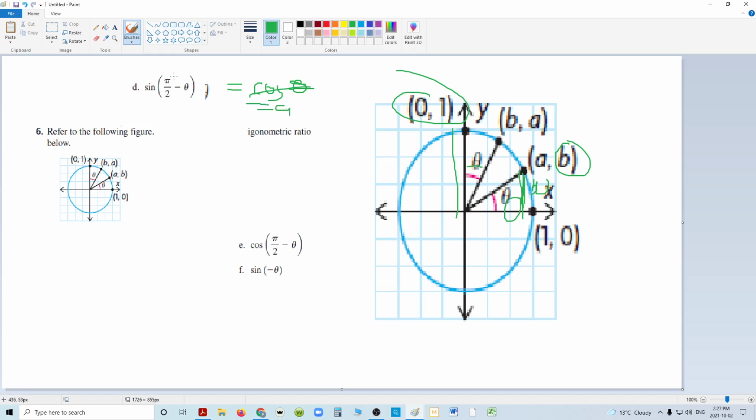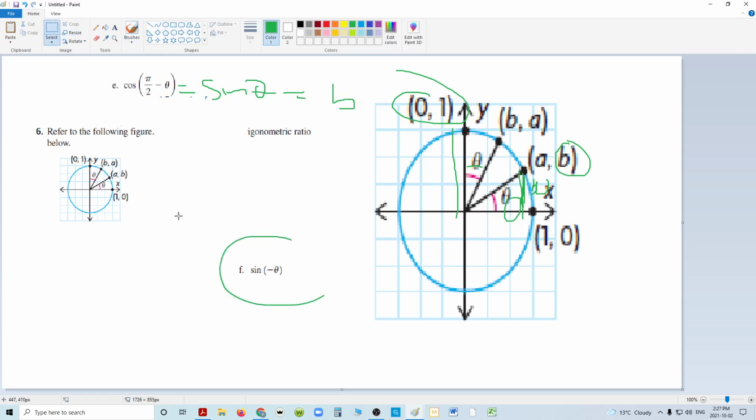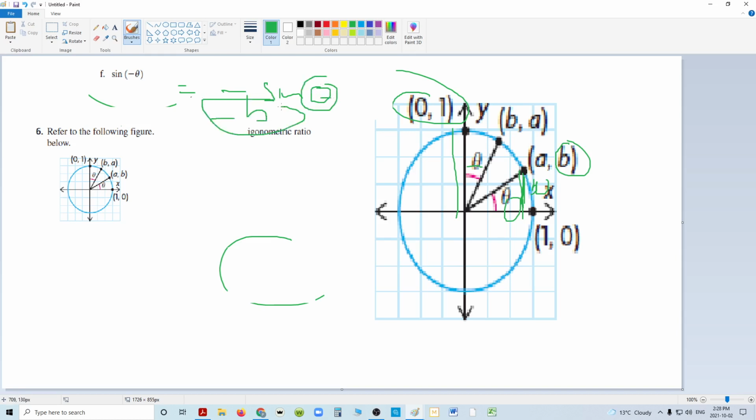So the sine of the complementary angle for theta here is the same as cos theta, which is a. Same with this one. This is an identity, and we know that this is the same as sine theta, which we know is b. And finally, what about the reverse angle? Well, we'll try to remember that our formula for that is the same as minus sine of theta. That's our identity. We know sine theta is b, so we're talking about minus b.